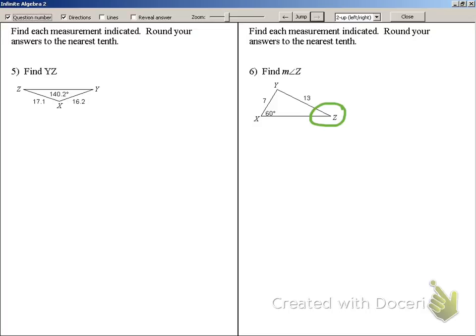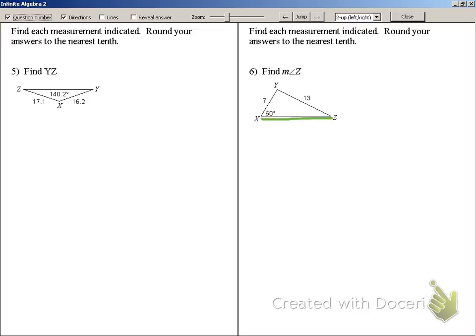I've got to use the law of cosines. And if I solve for z first, that would be two unknowns. I can't solve an equation with two unknowns. So what I need to do first is solve for xz.